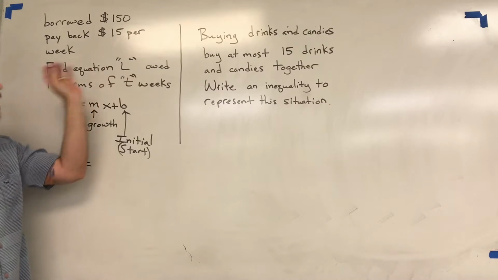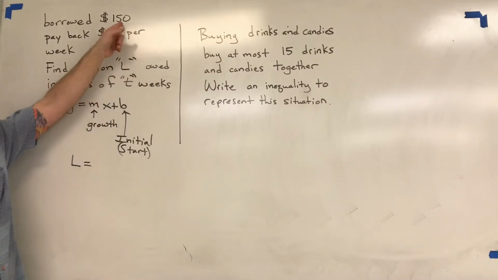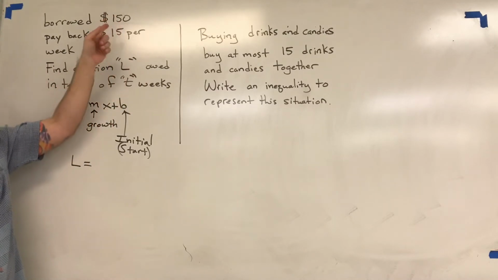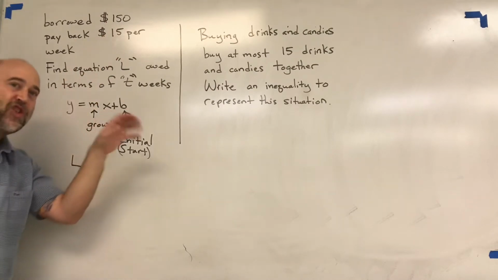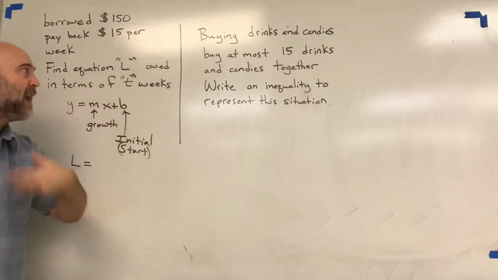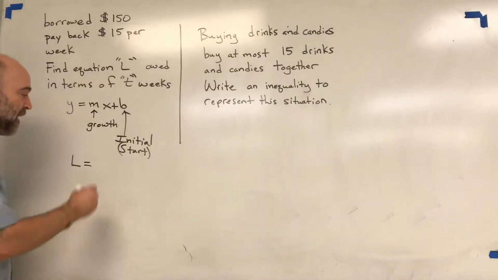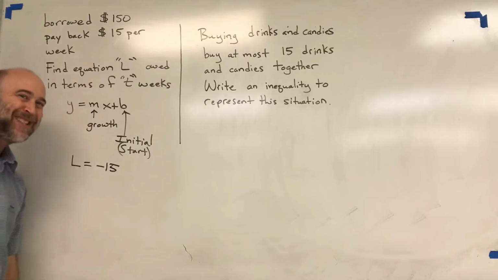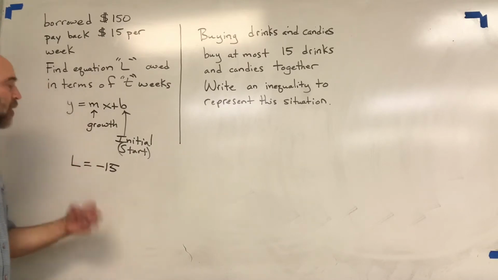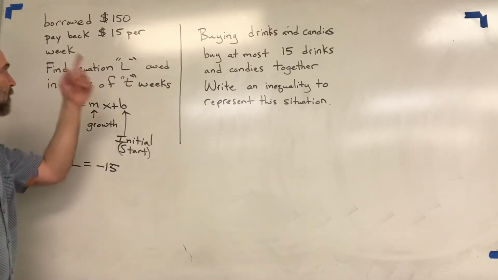We owe that person initially $150, and then it's getting chipped away by $15 per week. So that chip away idea is taking away $15 from that original amount. That means it's negative. So we're taking away that much every week.